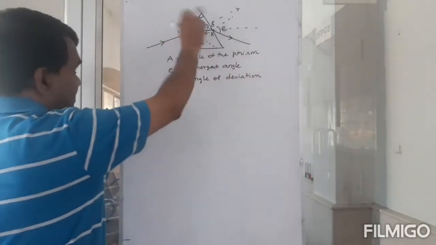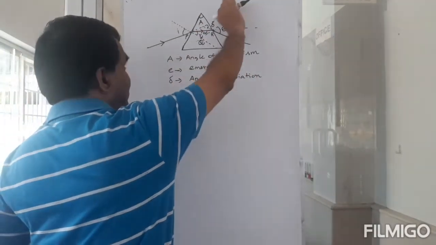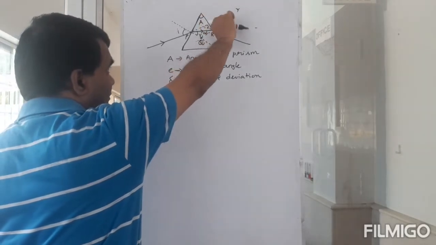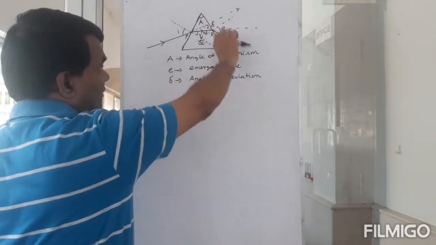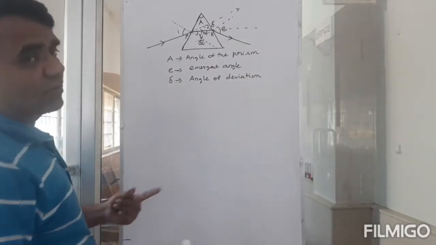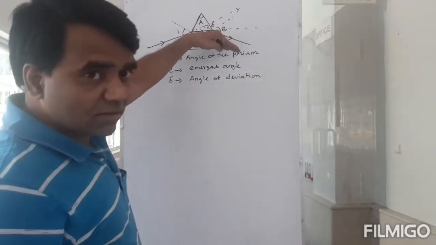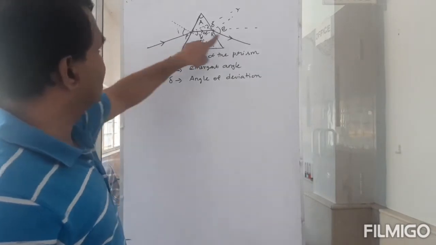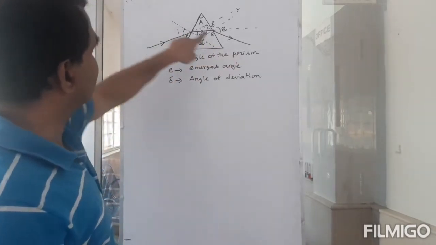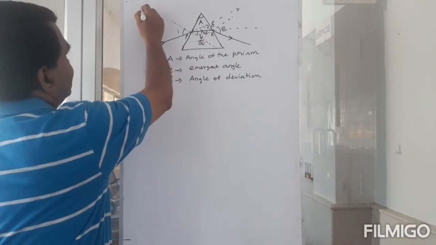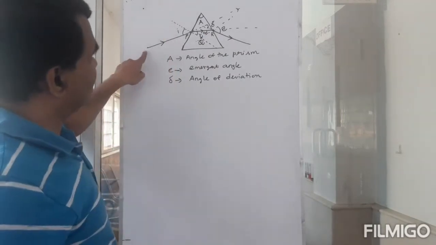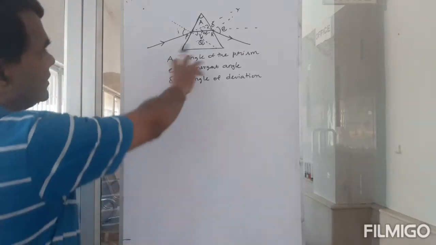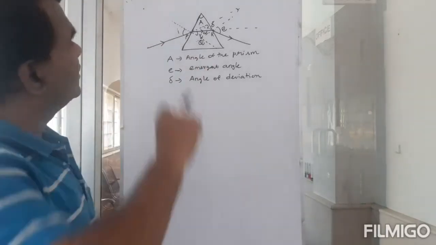If the prism was not there, the ray would have gone straight. Because there is this prism, the ray is actually bent, and the object appears to be somewhere else. The object is here, but as you see from here, you would see the object there. So these are three important angles.